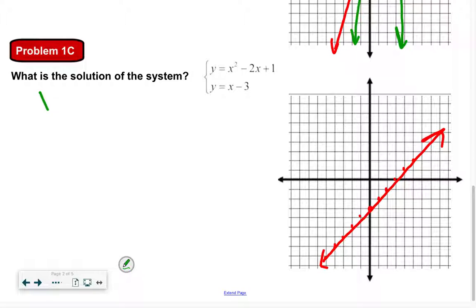Negative b over 2a. So I get 2 over 2, which is 1. Then what do I do with my 1? Plug it in. What do I get out? 1 minus 2 plus 1, which is 0. So my vertex is 1, 0.